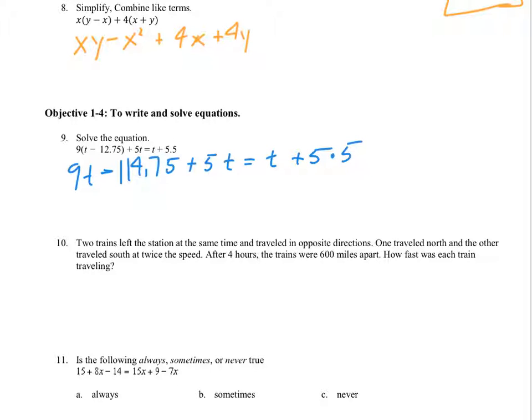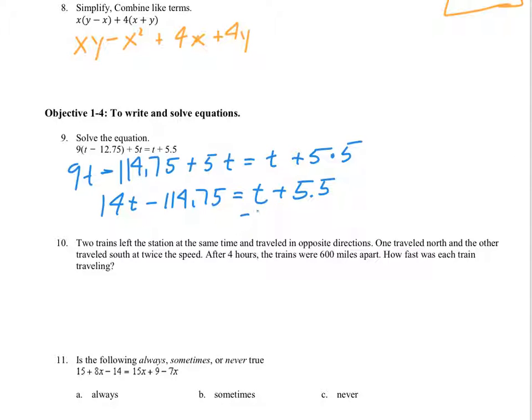We do have some work to do on the left there, a 9t plus a 5t, that's a 14t minus the 114.75, and that equals the t plus 5.5. From here we're ready to start doing operations to both sides.